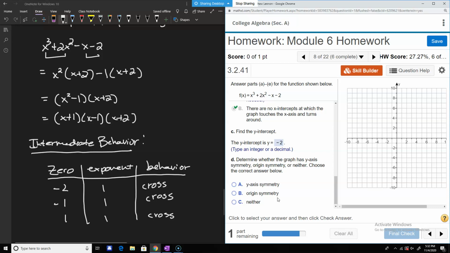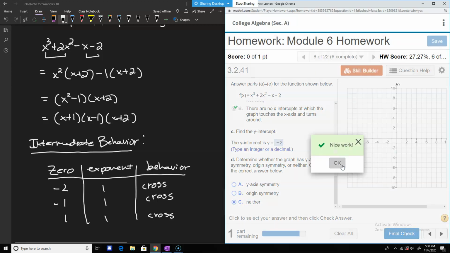Symmetry. It will only have symmetry if all of the terms are odd or all of the terms are even. So this has odd and even terms, so there will be no symmetry. If they're all even terms, it will have y-axis symmetry. If they're all odd terms, it will have origin symmetry. So this one is neither.